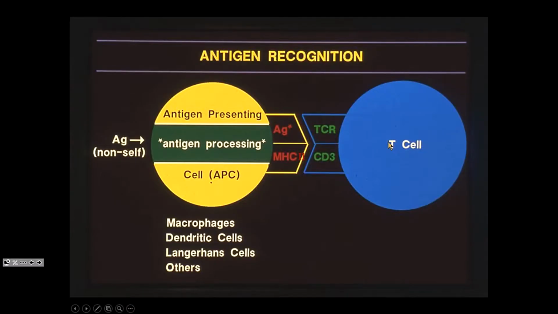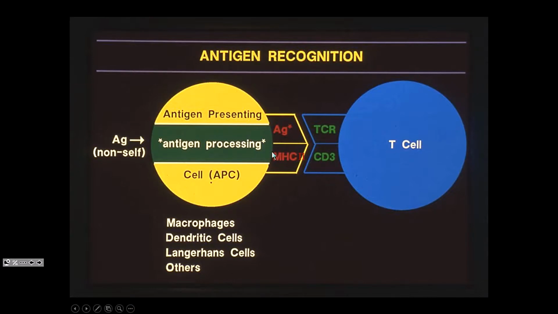So cytotoxic T cells, as I mentioned, have a T cell receptor complex. This is just a schematic for a T cell receptor complex, and part of this T cell receptor will have a variable portion of amino acids. And then we have our antigen presenting cells. In this case, it's an MHC.